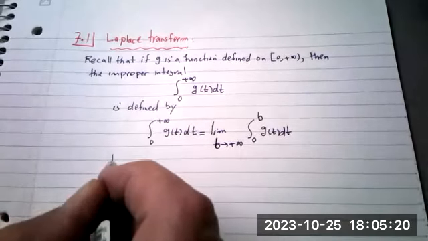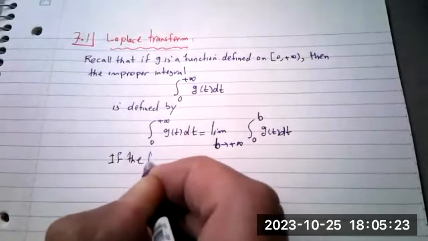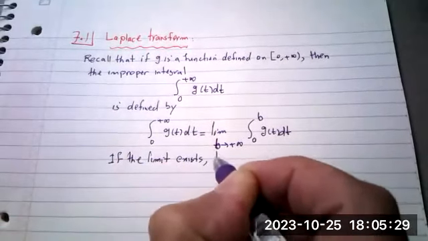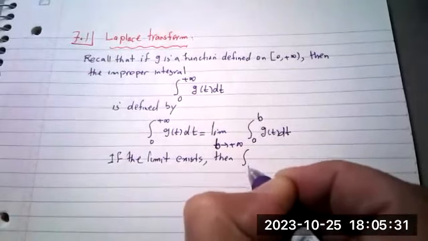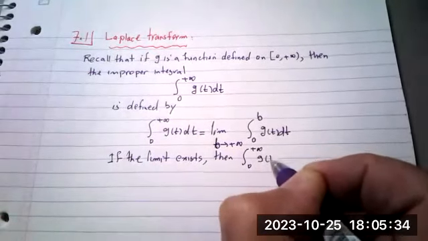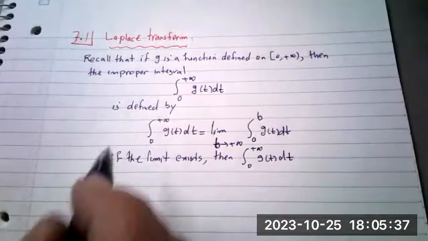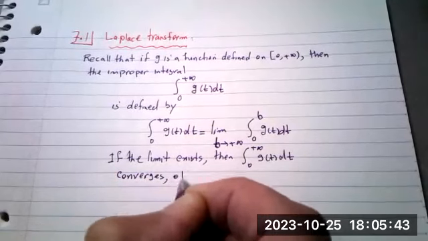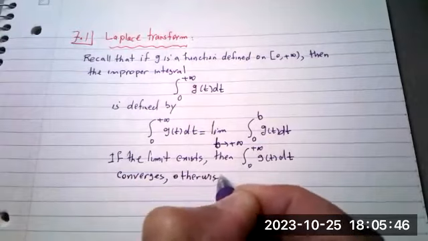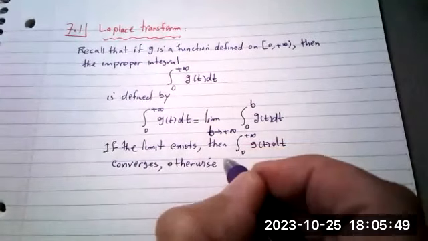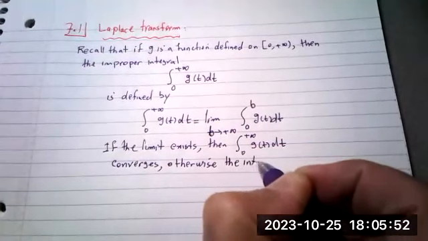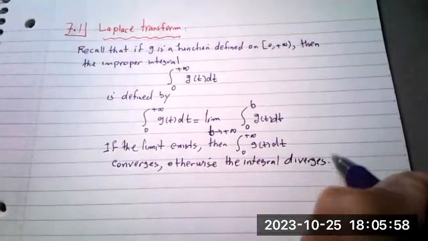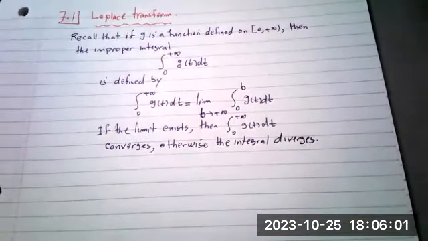So if that limit exists, then the improper integral from 0 to positive infinity of g of t dt converges. Otherwise, the integral diverges. It depends on the function.